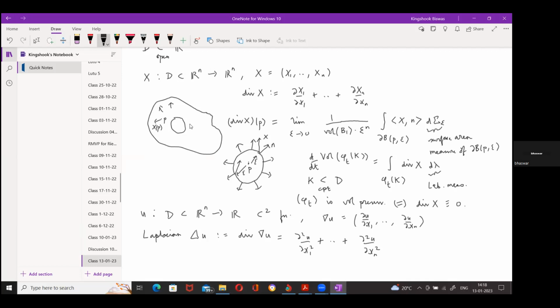Because the normal vector here and the normal vector here are opposites of each other, this will cancel out, and you'll get something of order epsilon.